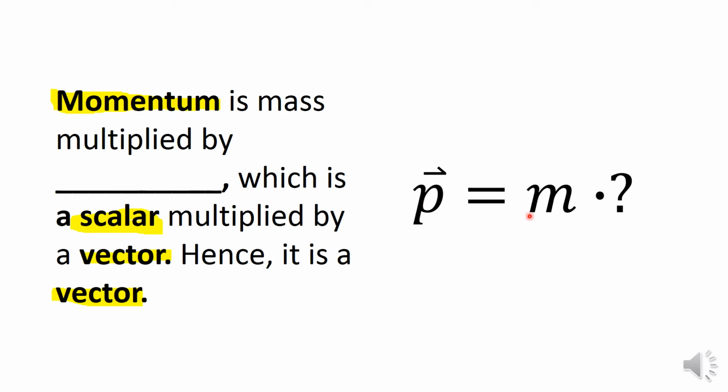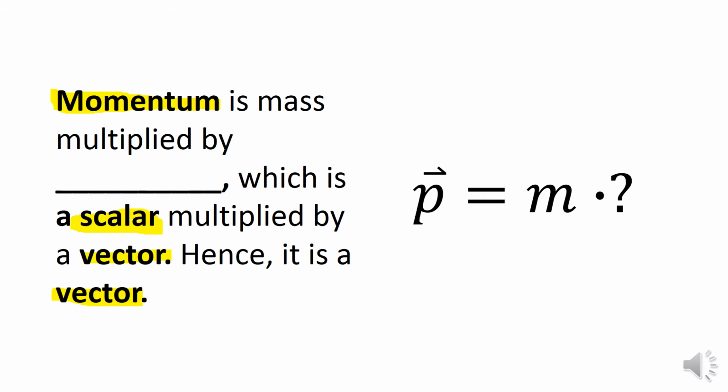Momentum is mass multiplied by blank, which is a scalar multiplied by this missing vector quantity. Hence, it is a vector quantity. So momentum is a vector quantity. So if mass is the multiplicand, what's the missing multiplier to yield the answer of momentum?